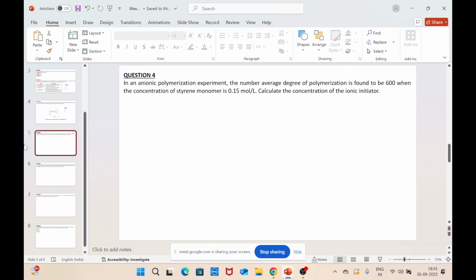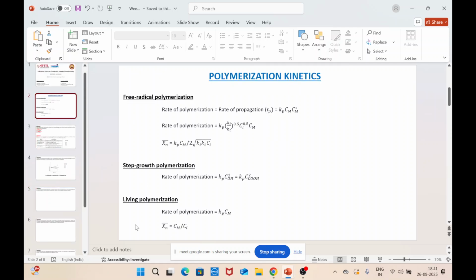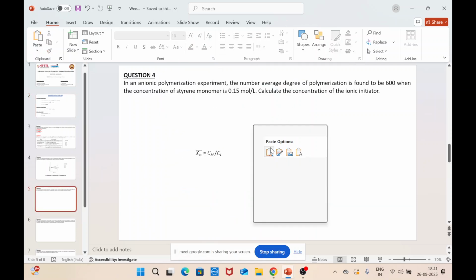So let me just give you the formula. This one is going to be the formula. I think now the question is solved.